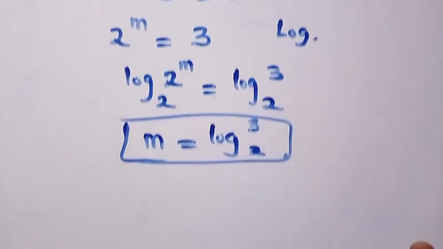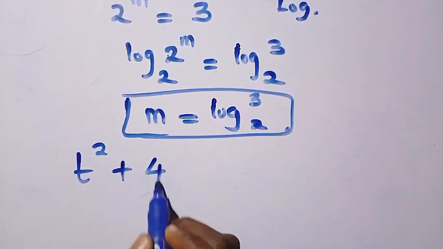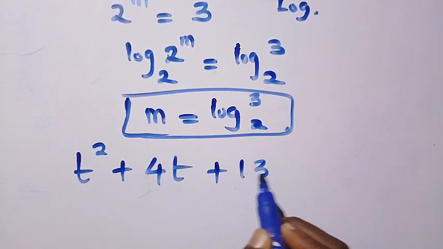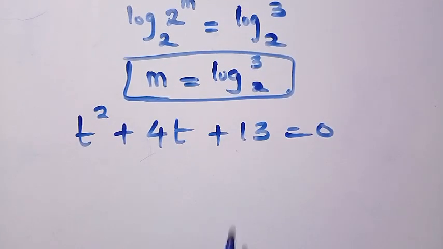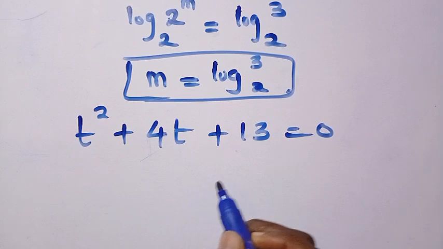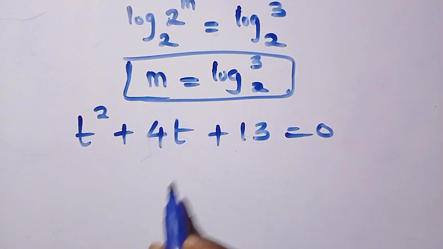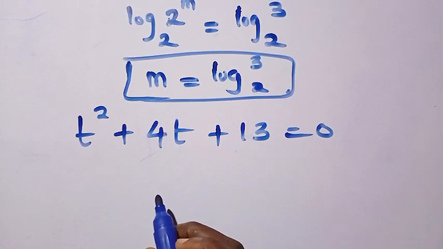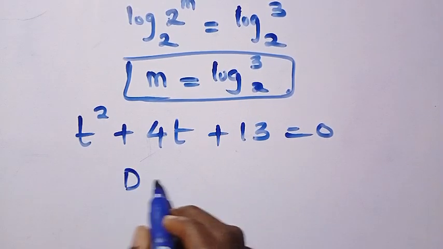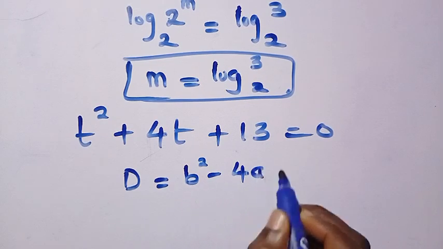And looking at the second one, I'm not going to solve it because it does not give us a real solution. Why do we assume that? We have what we call the discriminant, and the discriminant of this is less than 0. When the discriminant is less than 0, we get complex solutions. Since I'm only after the real solution, only m equals log 3 base 2 gives us the real solution. The discriminant is b squared minus 4ac.